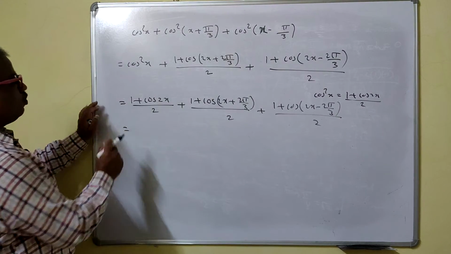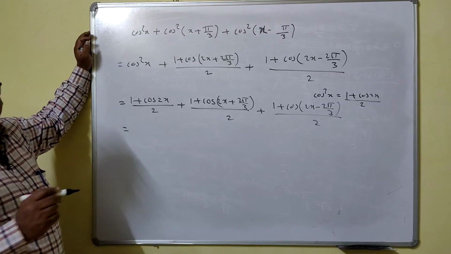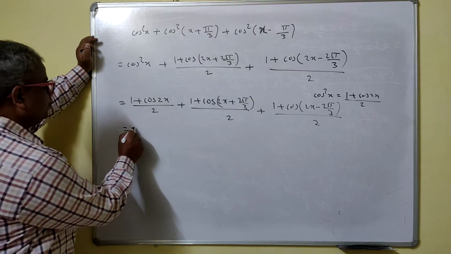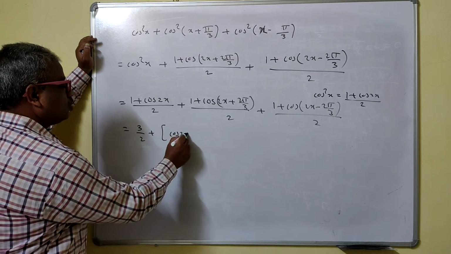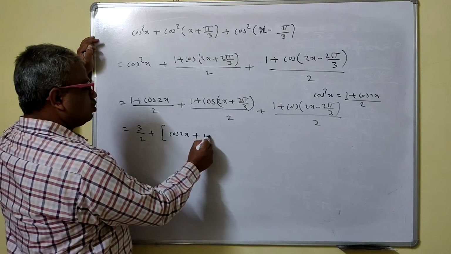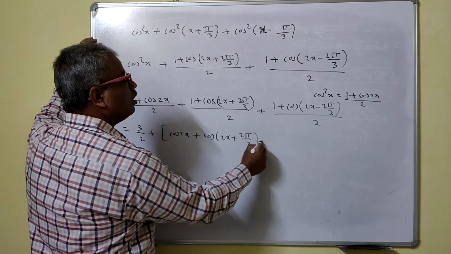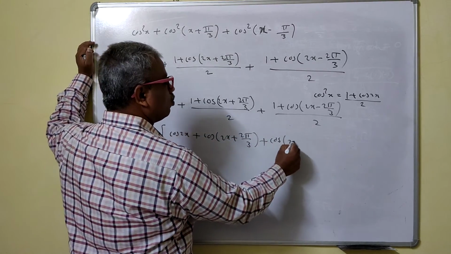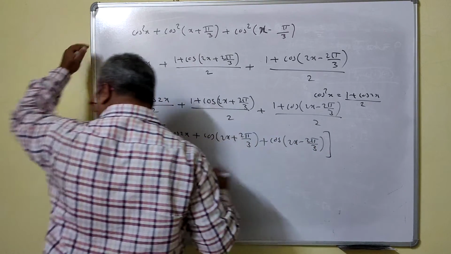So this is half plus half plus half, which is 3 by 2. So 3 by 2 plus we will collect all the terms: cos twice x plus cos of twice x plus 2 pi by 3 plus cos of twice x minus 2 pi by 3.